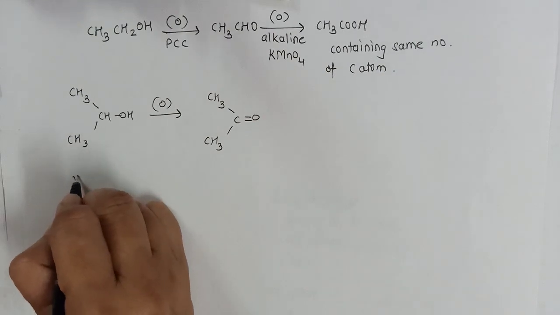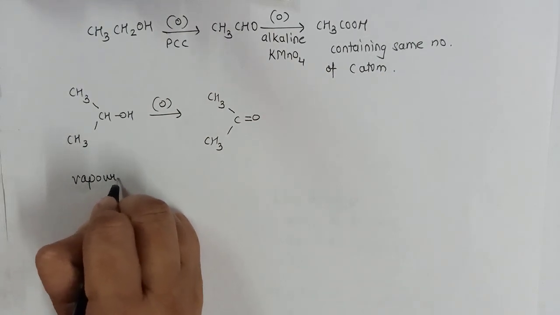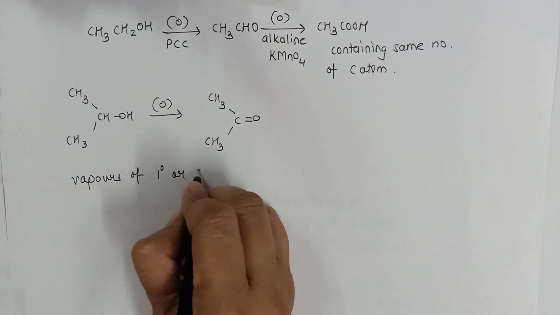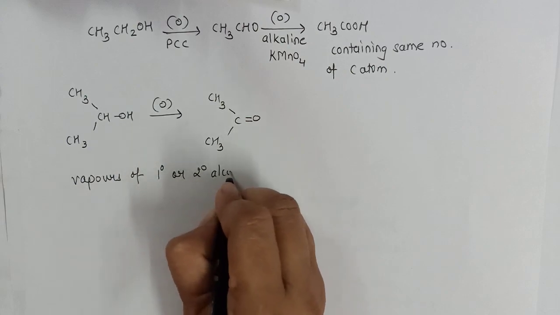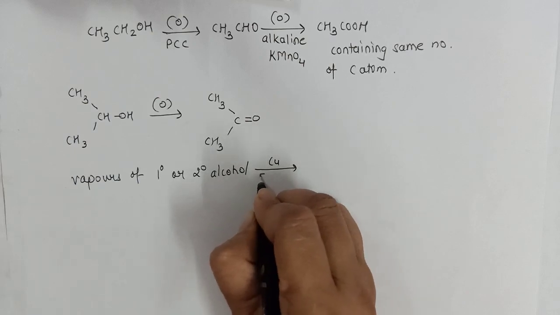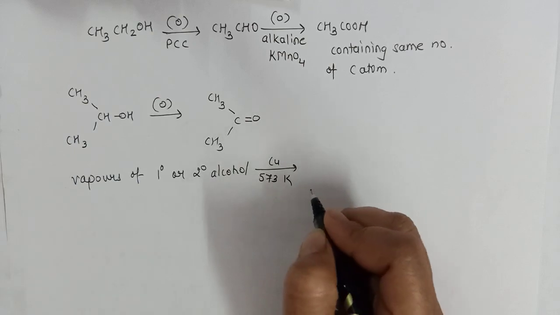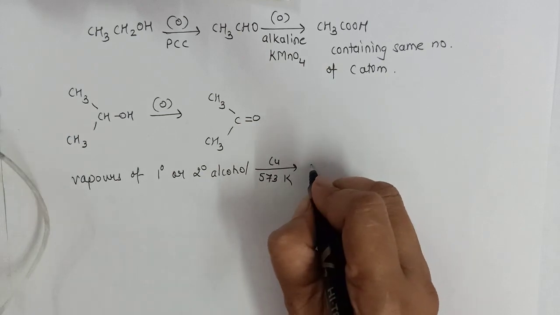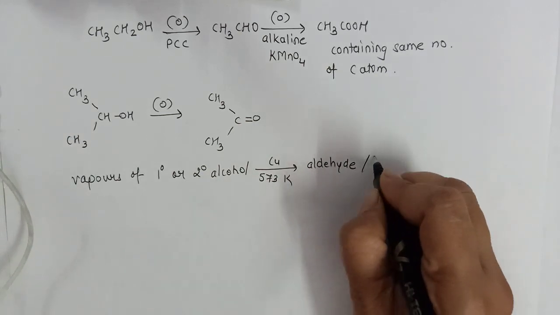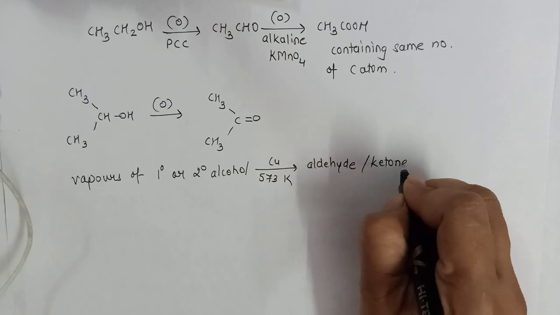If the vapors of 1 degree or 2 degree alcohol are passed over copper at 573 Kelvin, then also we get either aldehyde or ketone.